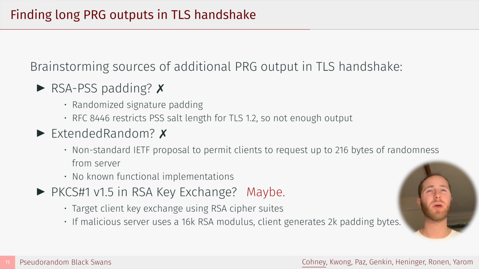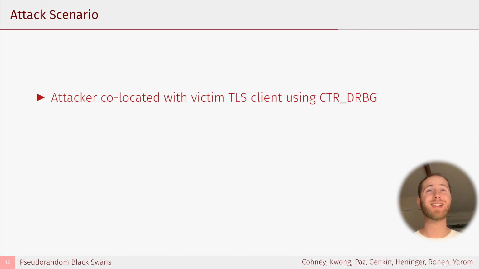Let's develop this into a complete attack scenario. First, you need an attacker able to pull off the side channel attack. As is typical, we will assume the attacker is able to co-locate with their victim. One interesting twist that I'd point out here is that a lot of prior work of this type targets TLS servers, while our attack is different in that we target TLS clients, where the co-location assumption is actually less realistic.